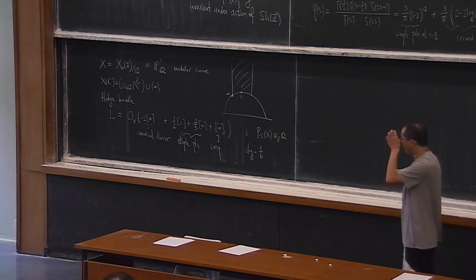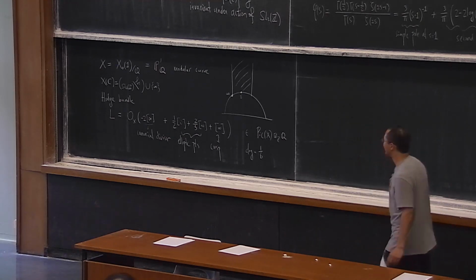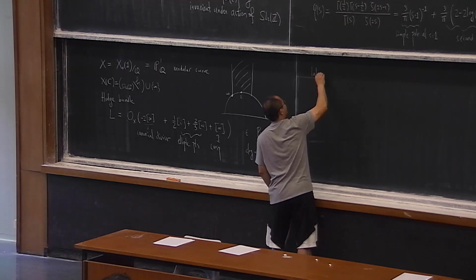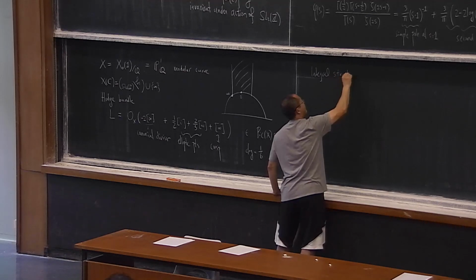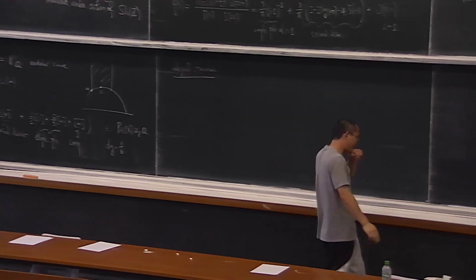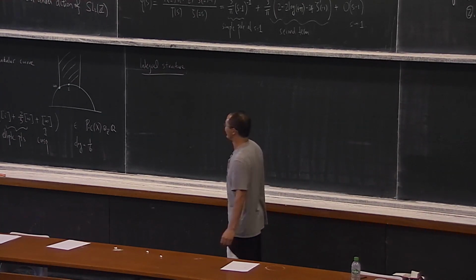So now I'm going to put an integral structure and a metric. The integral structure is fairly simple in this setting. We just take the Zariski closure.